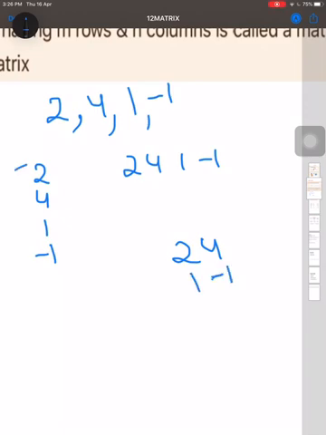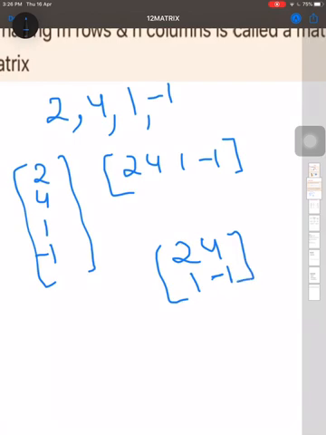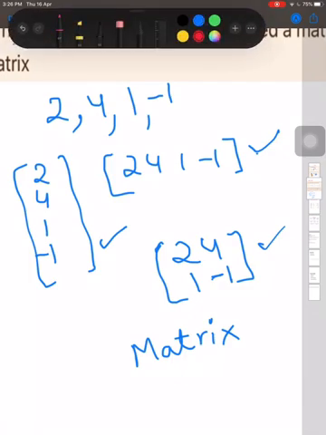Okay, now this one within this bracket, if you write like this, is known as a matrix. So all these 3 are matrix.